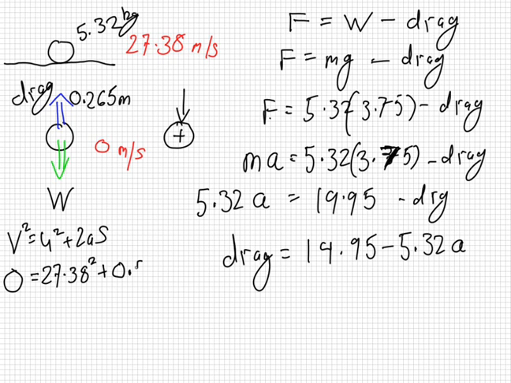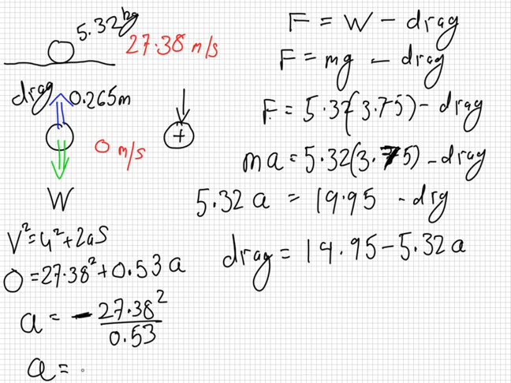You have to multiply 0.265 by 2. 0.53. Okay, so I have the a now. The a is minus 27.38 squared over 0.53. So what's that for a, please? Minus 1446 meters per second squared.